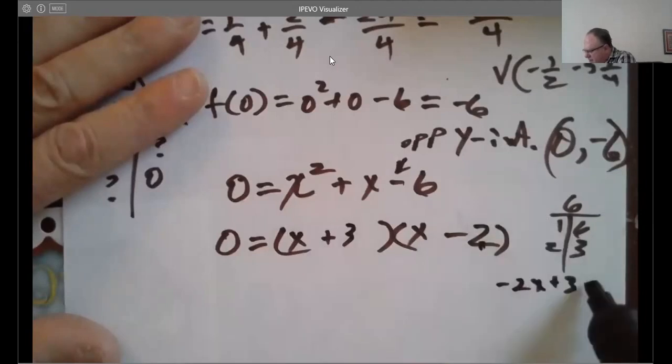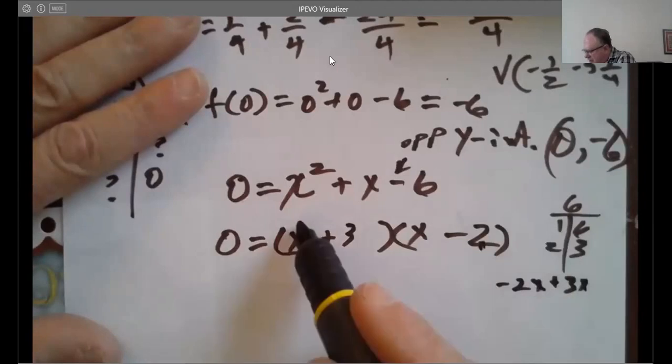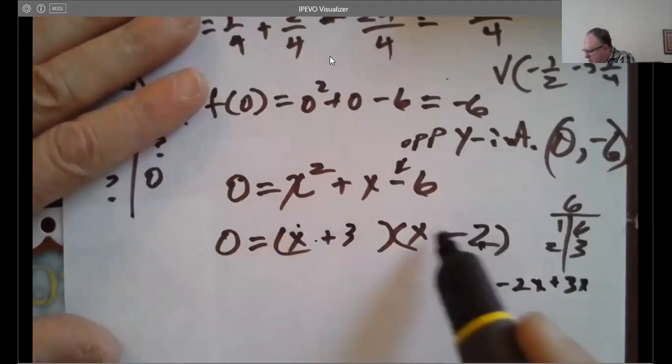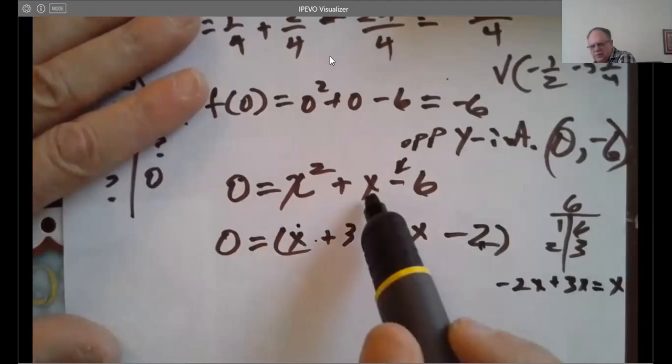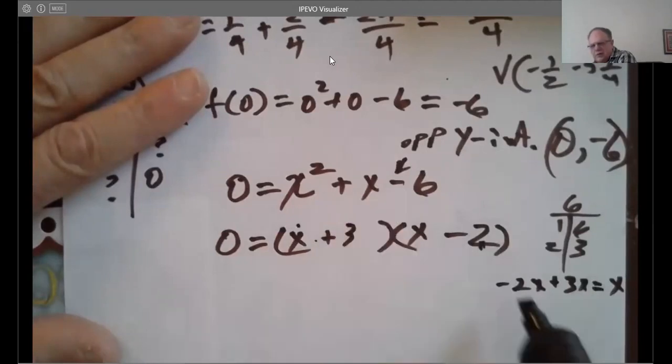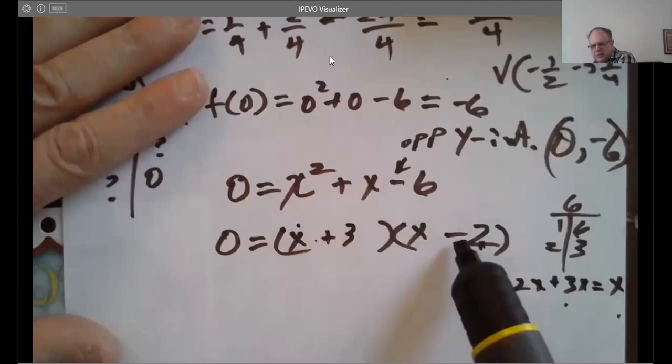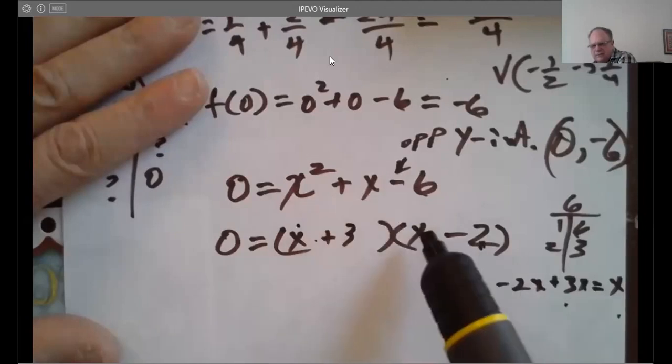But really, you only have to check the two outer and the two inner terms, because that's what gives you your middle term. Since negative 2x plus 3x equals 1x, we factored it correctly.